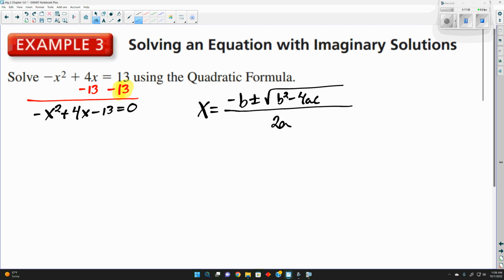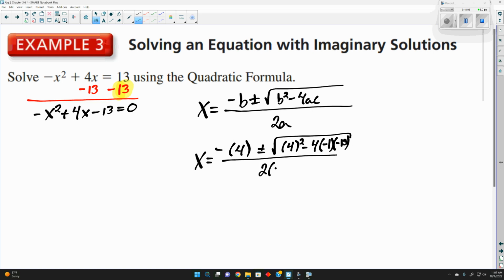Now with factoring, we needed a to be positive, but here it doesn't matter. a could be negative or positive. And again, we're going to plug it back in, so we'll have negative 4, negative b, plus or minus the square root. b squared is going to be 4 squared minus 4 times a, which in our case is negative 1, times c, which is negative 13, over 2 times negative 1.